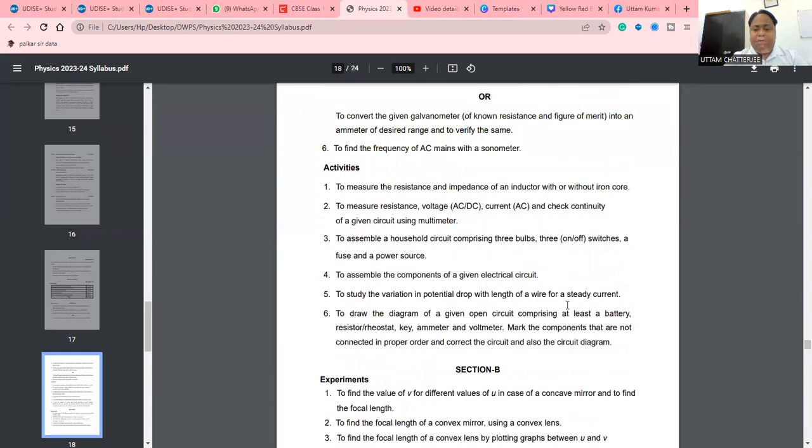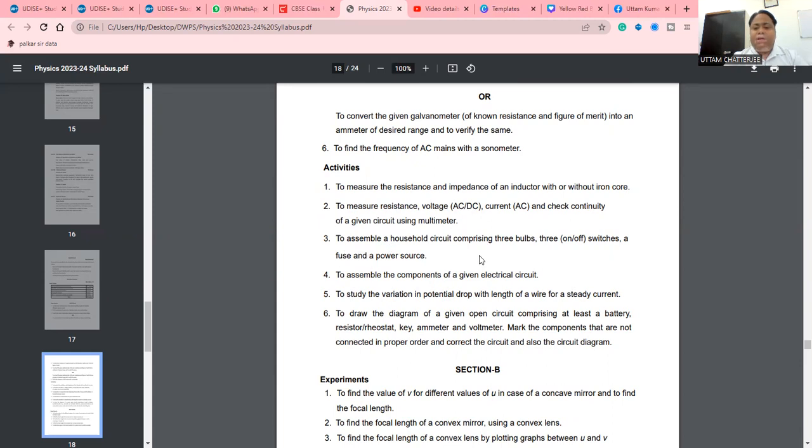Based on section A, there are a few activities which you have to do. This will develop your concept. You have to measure resistance and impedance of a conductor with or without an iron core. You have to measure resistance and voltage of AC or DC current and check continuity of the current using a multimeter.